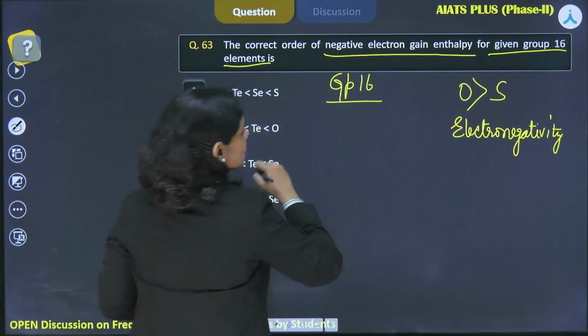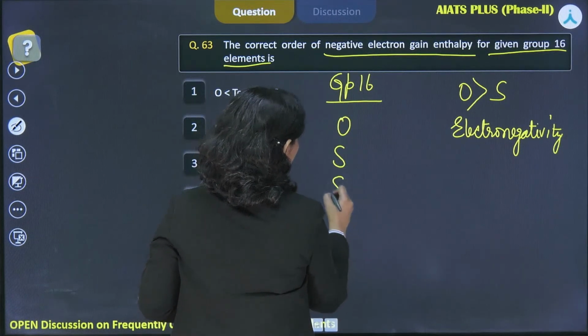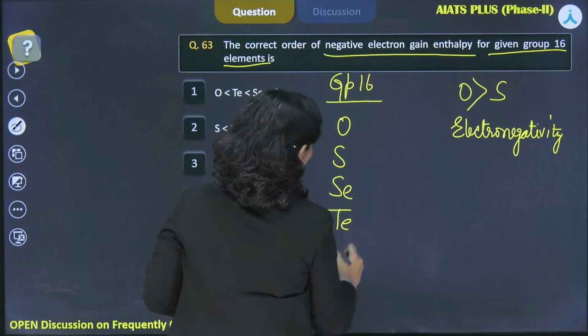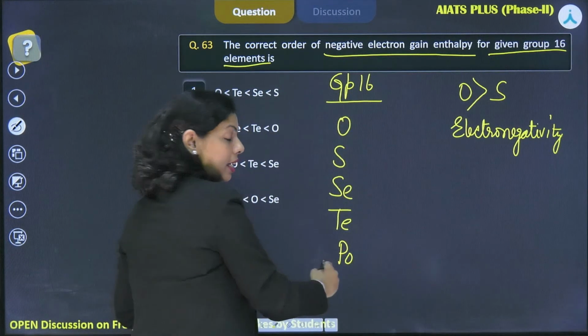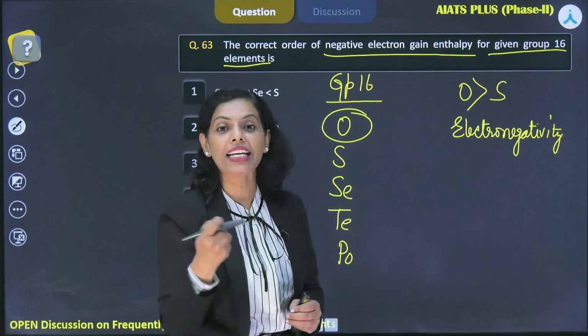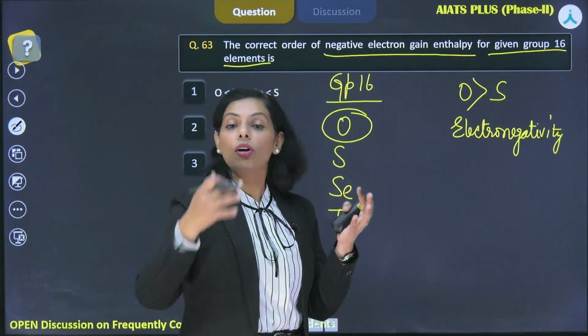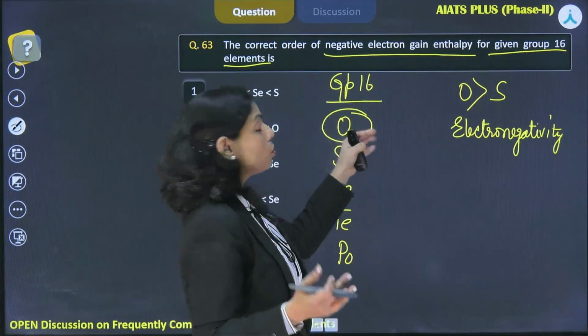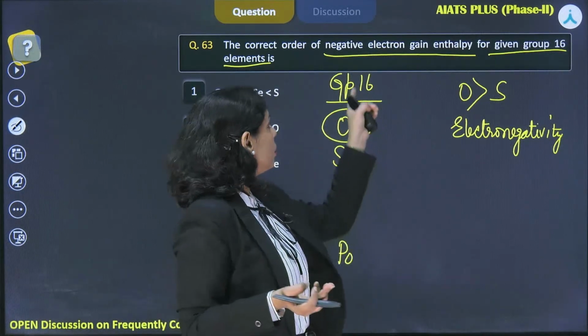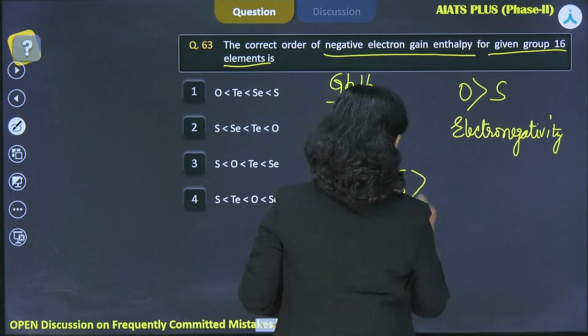Okay. Group 16, the elements are this way: oxygen, sulfur, selenium, tellurium and polonium. Electronegativity decreases moving down the group, but oxygen, because of its small size or the compact nature as written by Mohit, has high interelectronic repulsion, and that leads to the less negative electron gain enthalpy. So, the order would be highest for sulfur, then selenium.